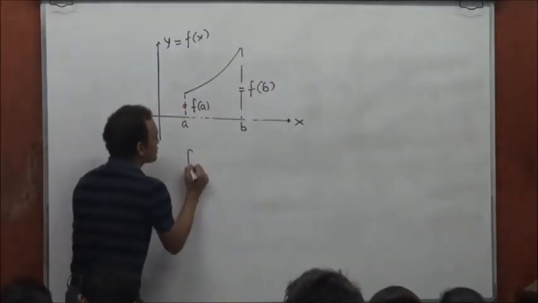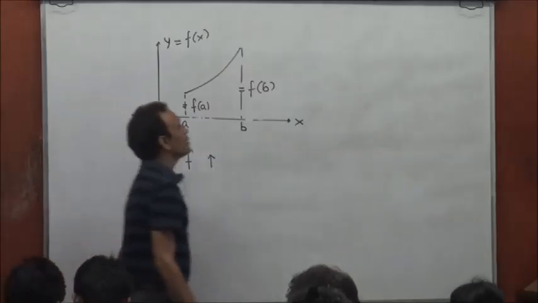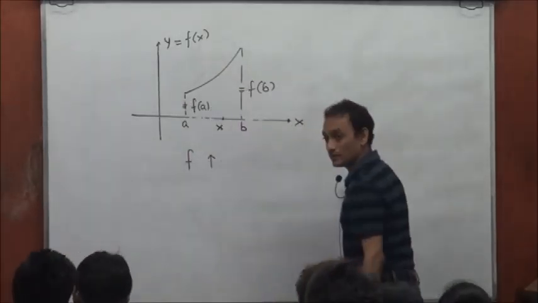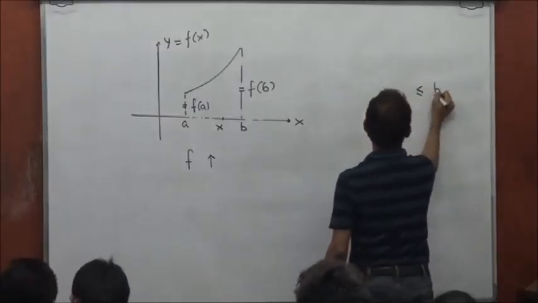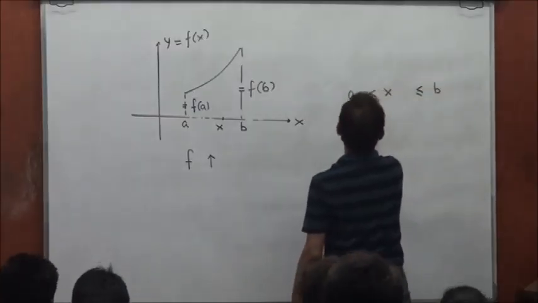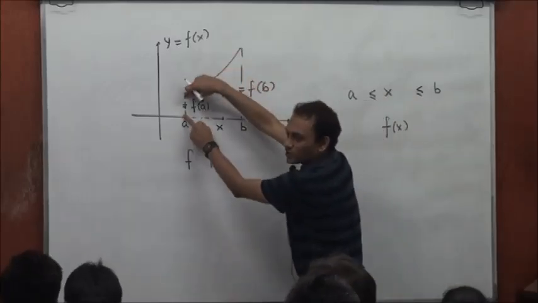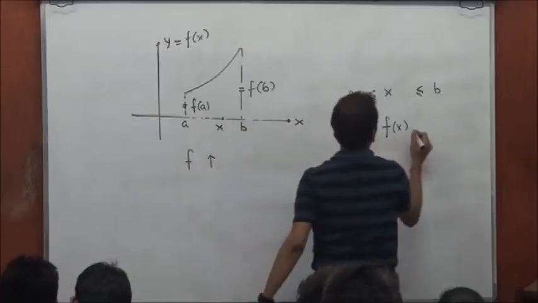This is a function which is monotonically increasing in the interval a to b, right? So for any x belonging to a to b, f(x) would be larger than or equal to f(a) and less than or equal to f(b).